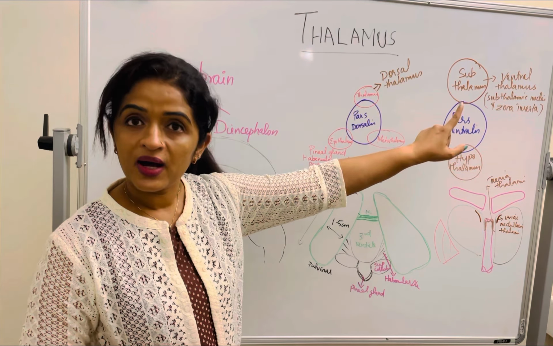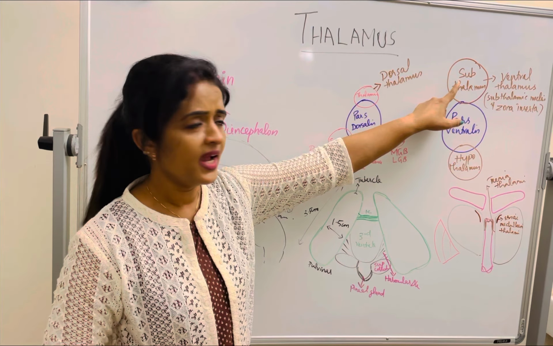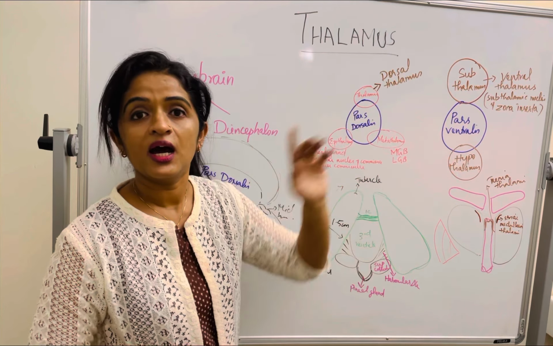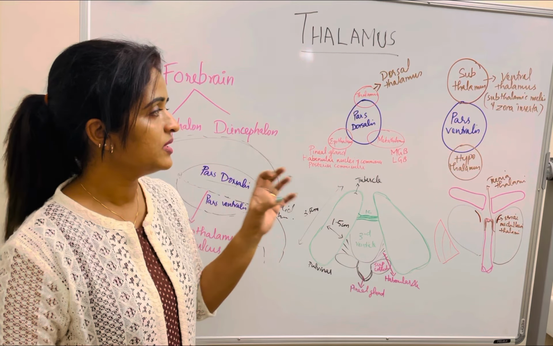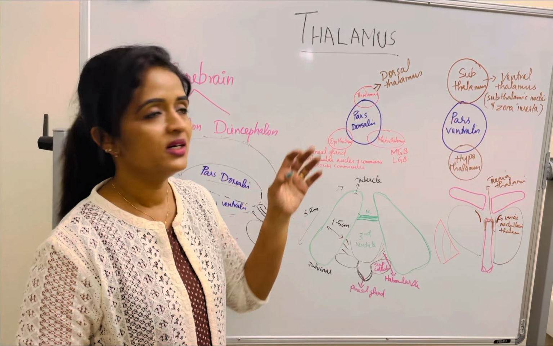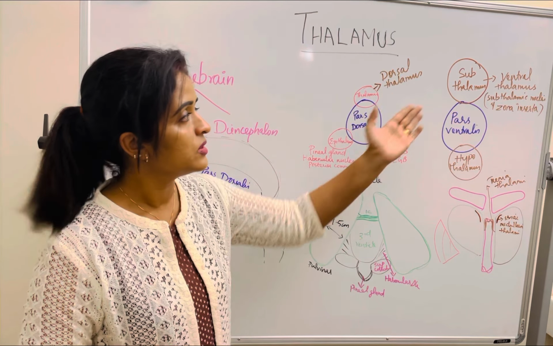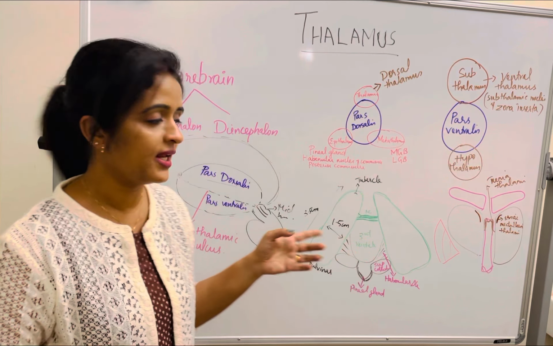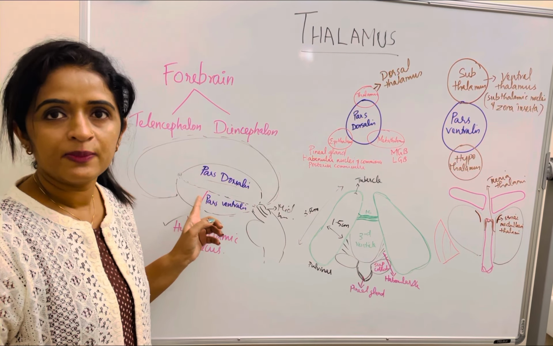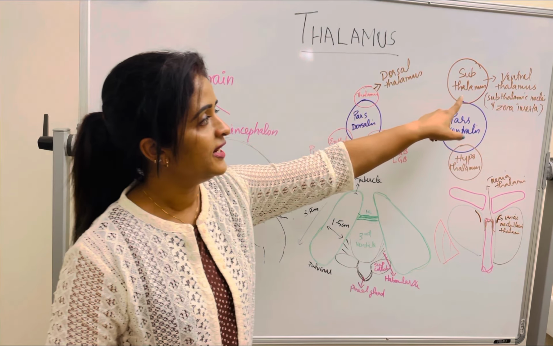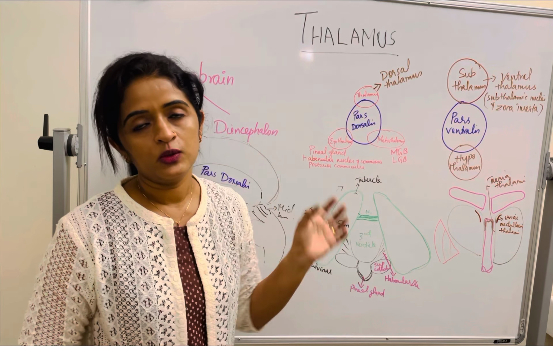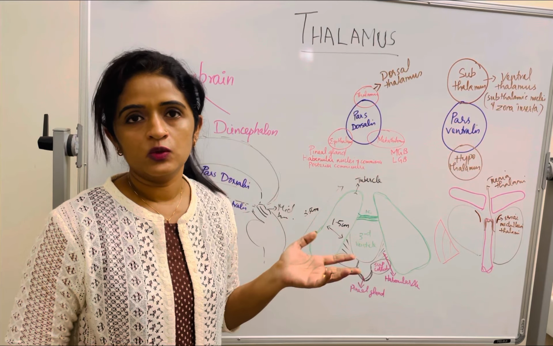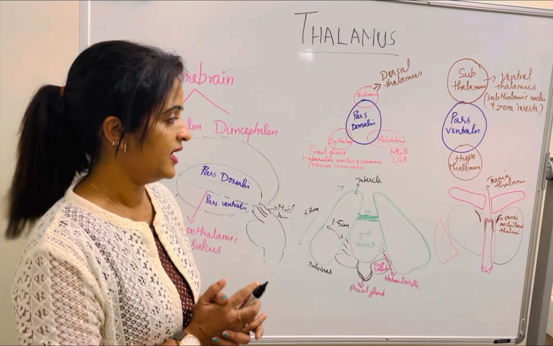That is known as pars ventralis, and in it we have the subthalamus as well as the hypothalamus. So all these are termed thalamus but with different prefixes. So subthalamus actually is also known as ventral thalamus because it is lying in the pars ventralis portion, and it is actually made up of subthalamic nuclei and zona incerta, whereas hypothalamus we know it is a group of hypothalamic nuclei.